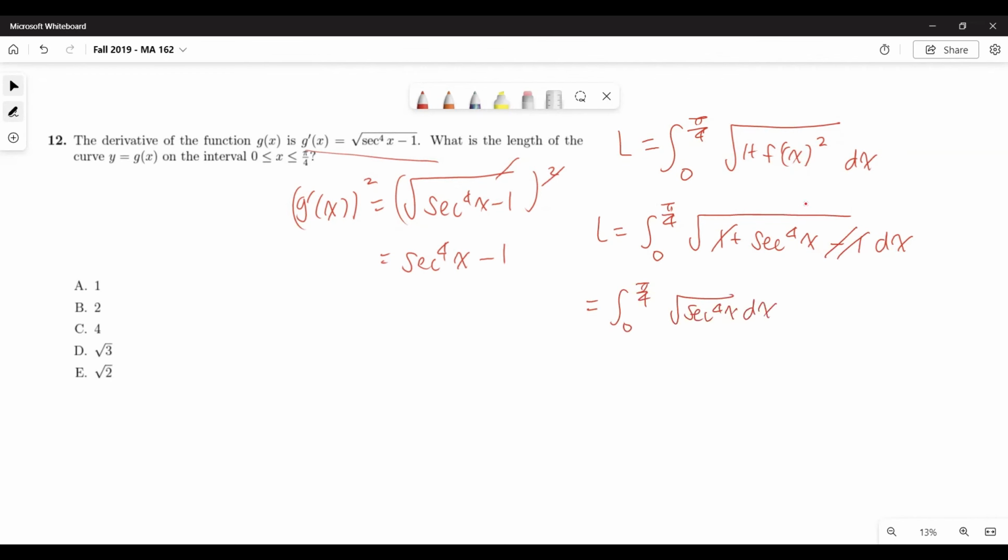And the square root and fourth power reduce, so it becomes the integral from 0 to pi over 4 of secant squared x dx. If you remember from the derivative sheet, the tangent derivative is secant squared. So this is just tangent x from 0 to pi over 4. Tangent pi over 4 minus tangent 0 is equal to 1 minus 0. So this is just 1. So the answer is A.